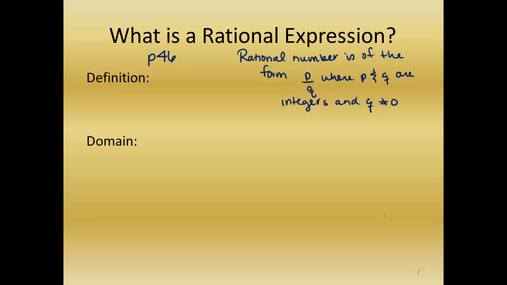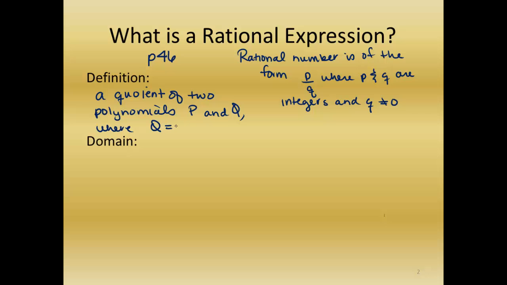So my definition of a rational expression is going to be very similar. From the textbook, it says that a rational expression is a quotient, so same idea here, a quotient of two polynomials, P and Q, where Q does not equal 0.